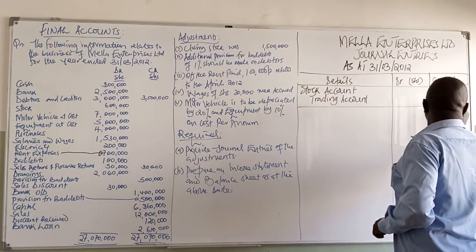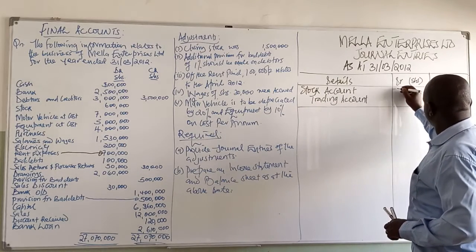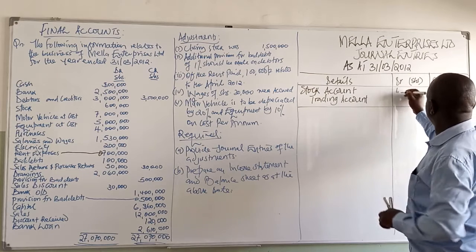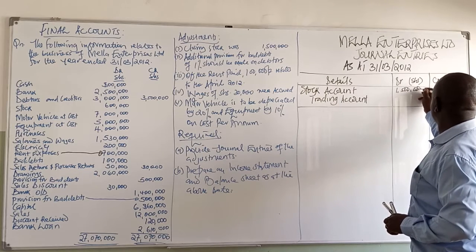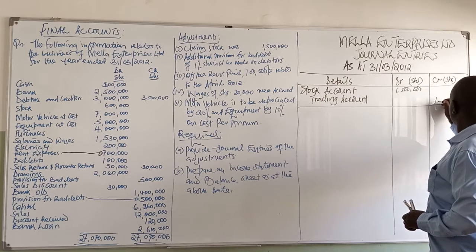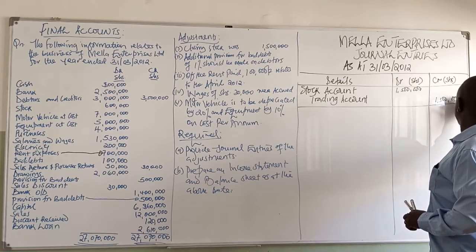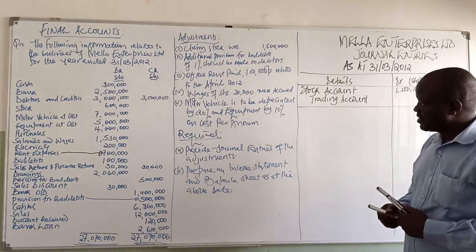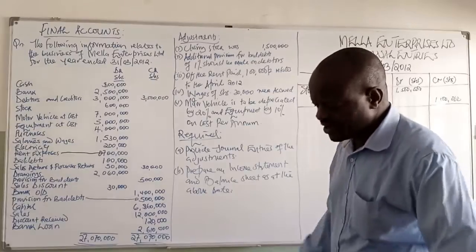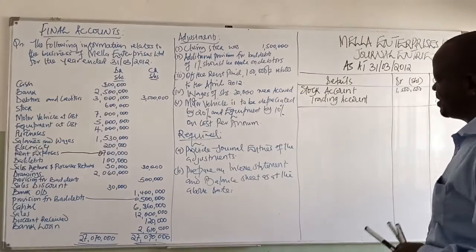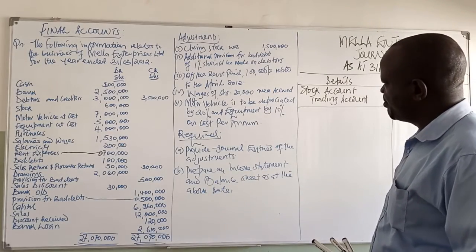And we rule like that. So 1,500,000 will be on this side. When we come on this side of stock, it will be here like that. In this case here, we don't provide narratives, because we are not doing narratives. So that's how it's going to be.